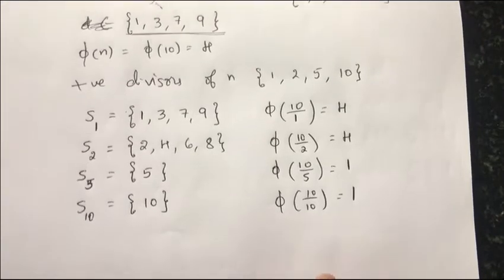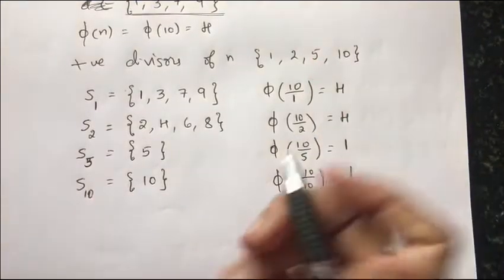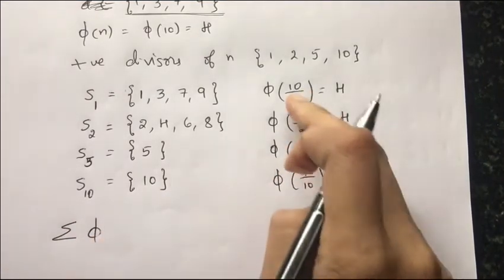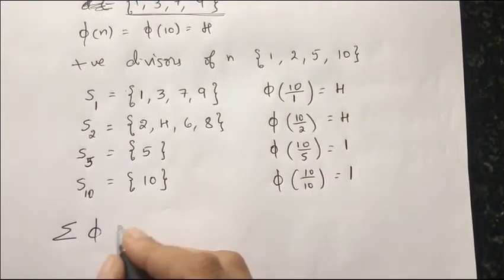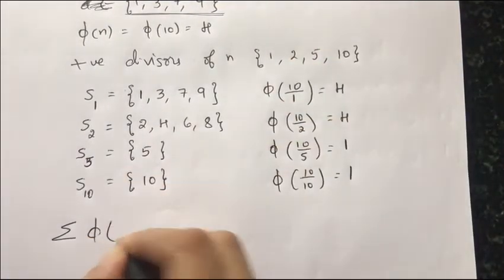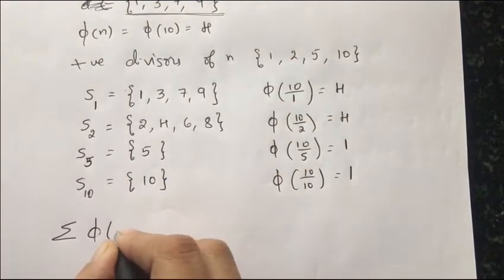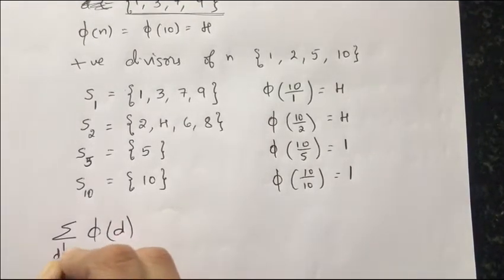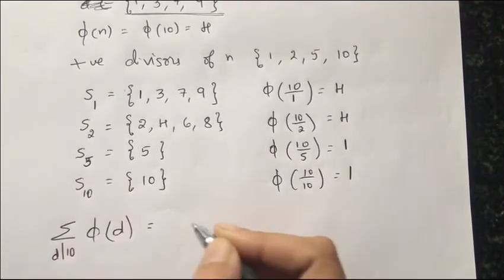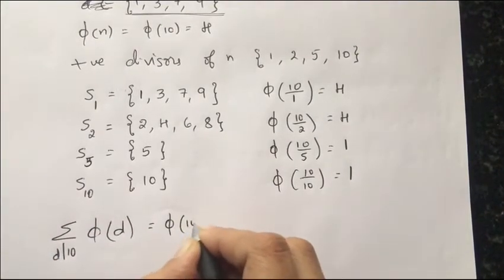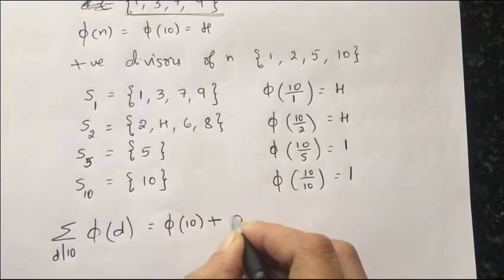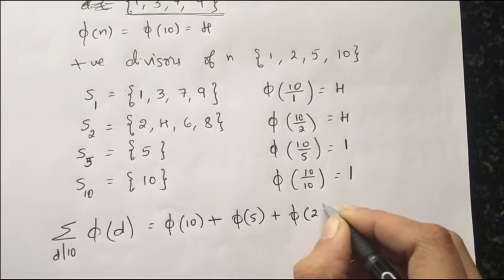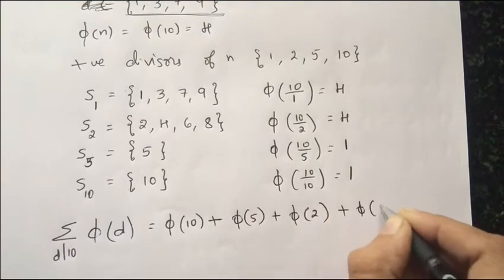So now sum up all this, summation phi of D. Phi of n by D is the same as taking phi of D, in some other order. So summation phi of D, where D divides the number n, that is 10, which is nothing but phi of 10 plus phi of 5 plus phi of 2 plus phi of 1.